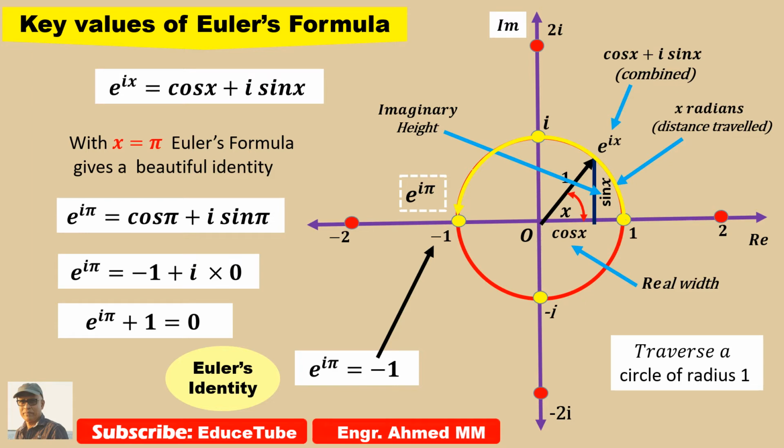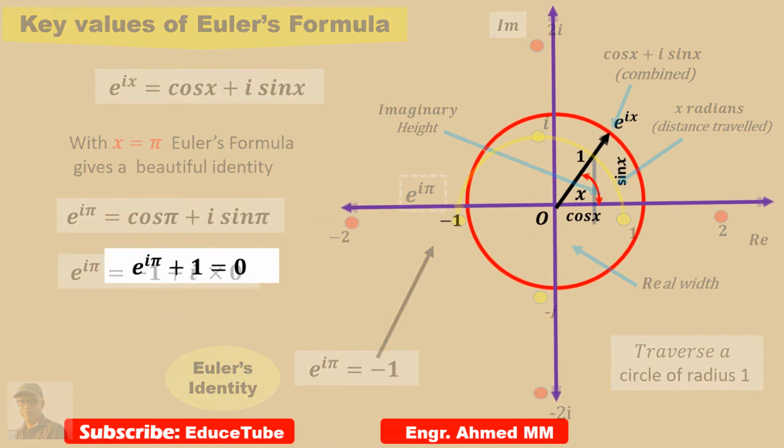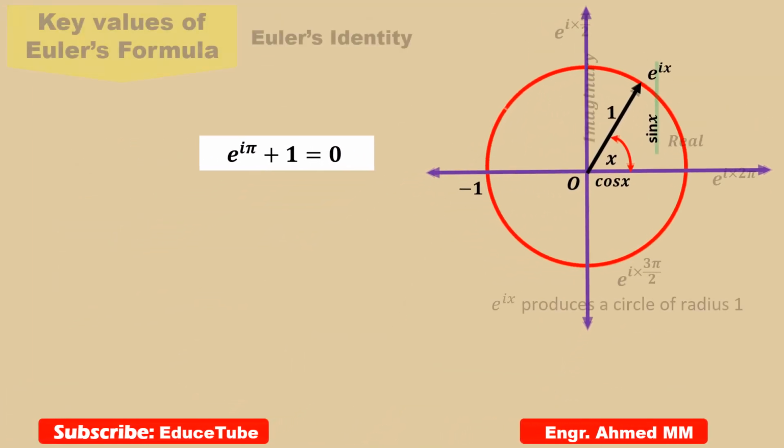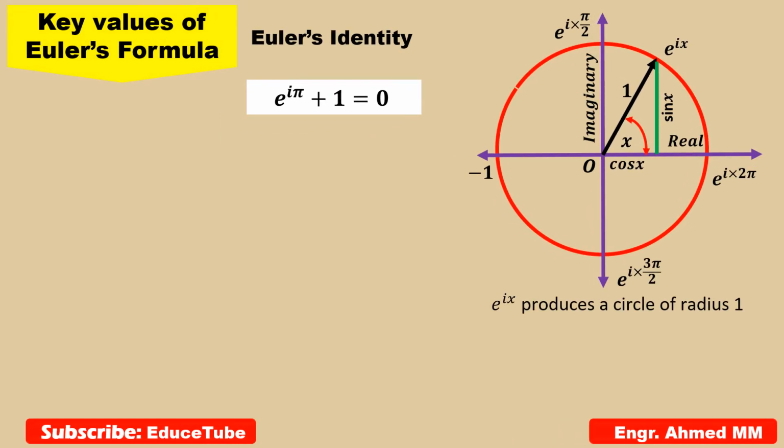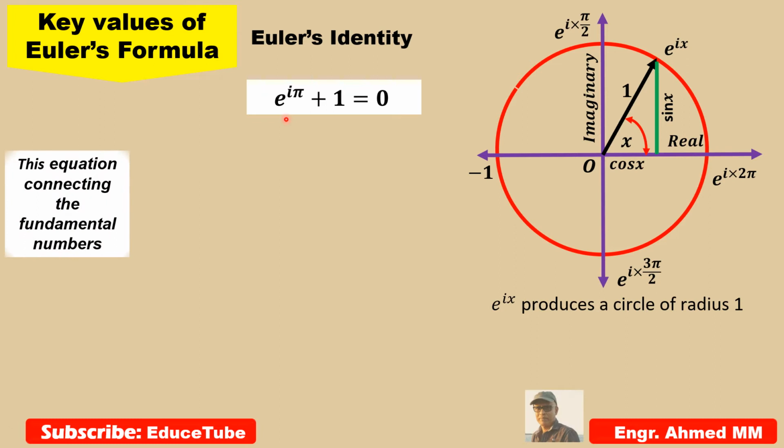Now this Euler's identity, already we know these equations. Now we'll tell some special characteristics of this Euler's identity, because why is it so famous?